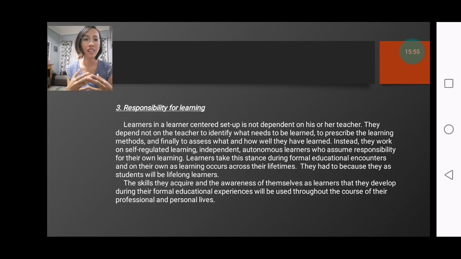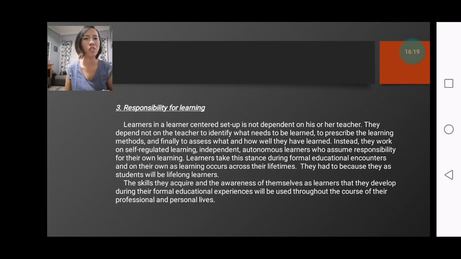Look at that. Instead, they work on self-regulated learning, independent, autonomous learners who assume responsibility for their own learning. So, the responsibility for learning, therefore, in a learner-centered classroom is highly reliant on the learners themselves.